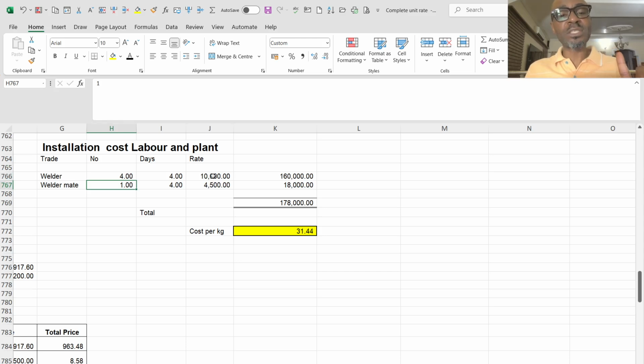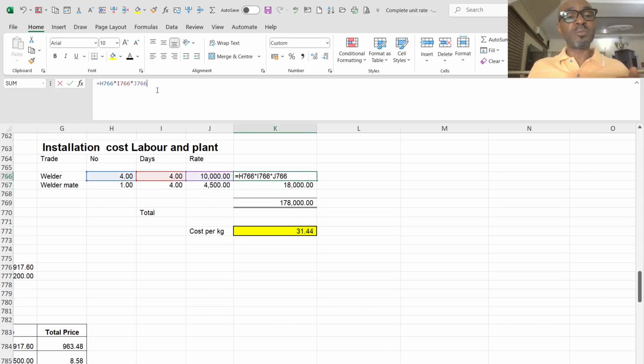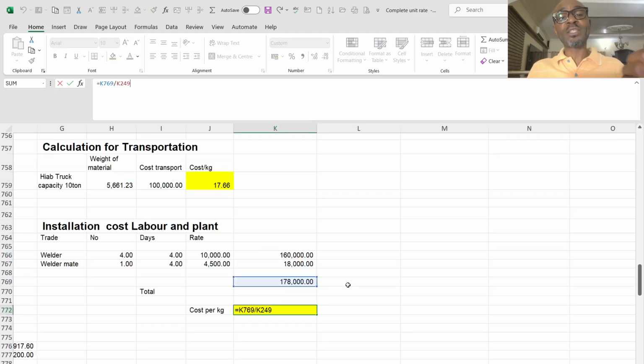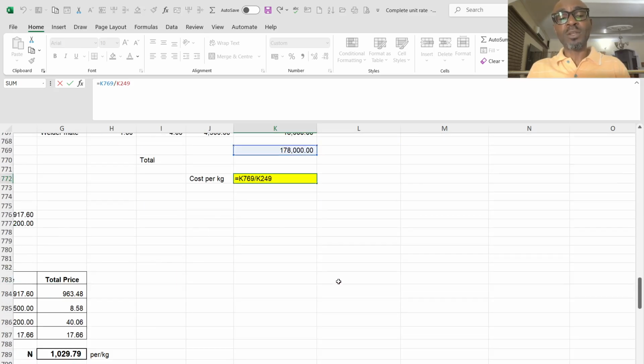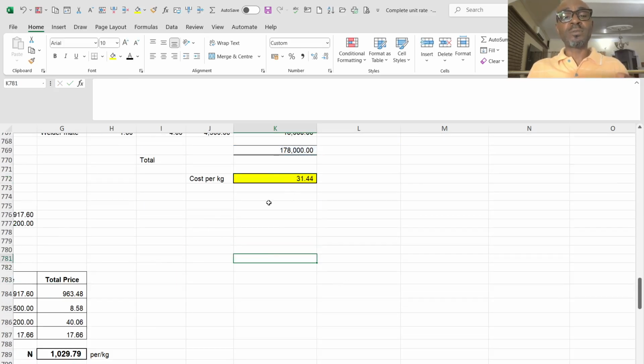Then their cost is 10,000 and 4,500. So if you multiply, you have this amount, you divide by the total weight, 5,661. You have 31 naira 44 kobo per kg.